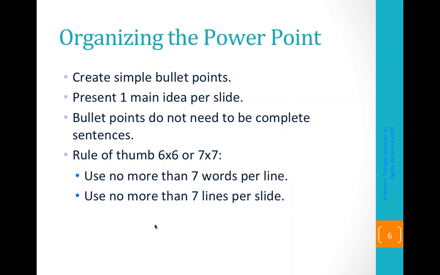Use no more than 7 words per line, and no more than 7 lines per slide. So it's actually not 7 bullet points, it's 7 lines. So on this slide we have 1, 2, 3, 4, 5, 6, 7. That's 7.